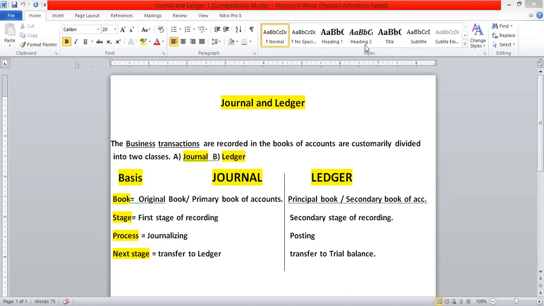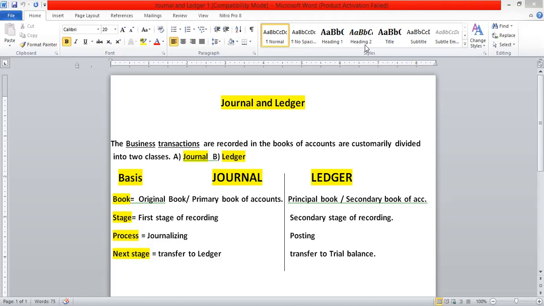So when the producer sells his goods to the customer, in exchange the customer will pay cash to the producer. So here the transaction has happened because the sale has been completed. So this transaction is called a business transaction.